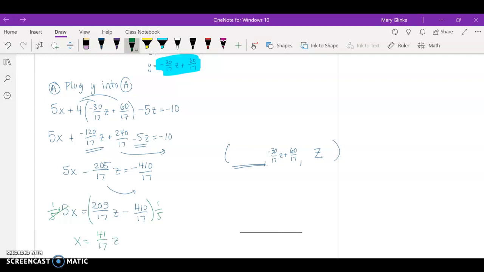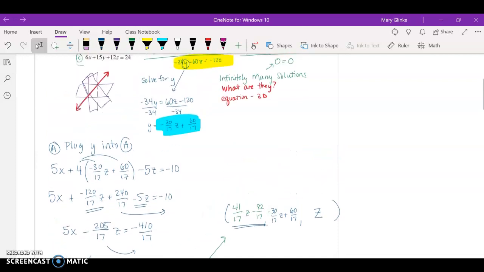If you multiply 205 times 1 and put it over 17 times 5 and reduce it, that's where that 41 over 17 is coming from. Likewise, this next one, when you multiply and then reduce it, you should get 82 over 17. So this is my x in terms of z. It's 41 over 17z minus 82 over 17.